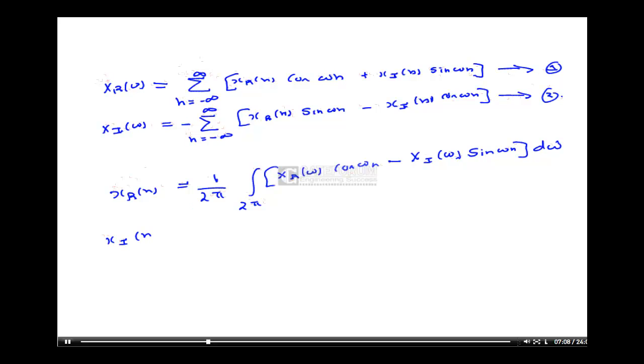The imaginary part of the signal x[n] is 1 by 2 pi integral over 2 pi of X_r(omega) sin omega n plus X_i(omega) cos omega n.